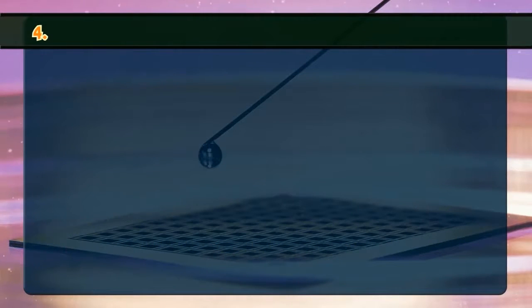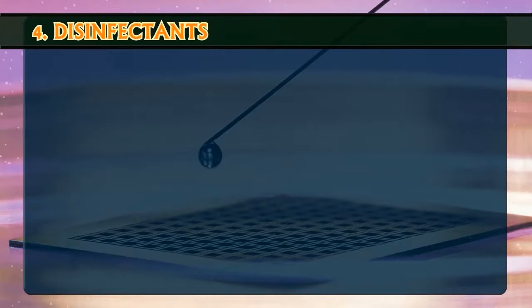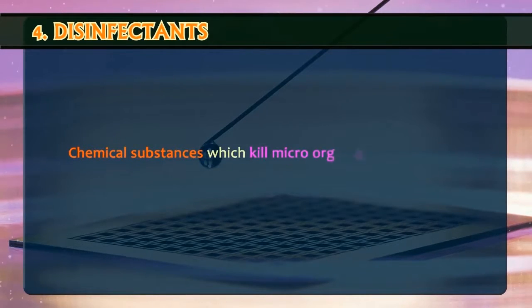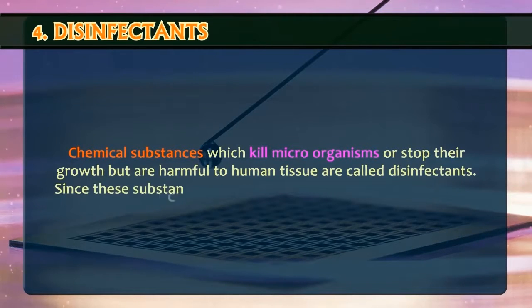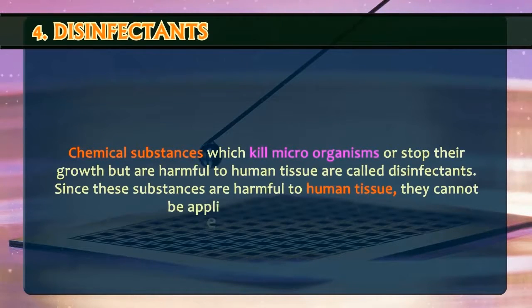4. Disinfectants. Chemical substances which kill microorganisms or stop their growth but are harmful to human tissue are called disinfectants. Since these substances are harmful to human tissue, they can't be applied directly to wounds.